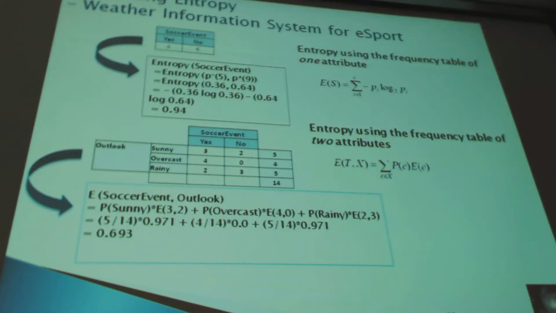We plug the values into the entropy formula, and the ultimate entropy is 0.693. So the information gain will be 0.94 minus 0.693, which I describe in the next slide.